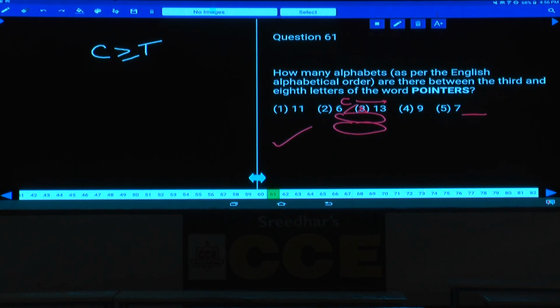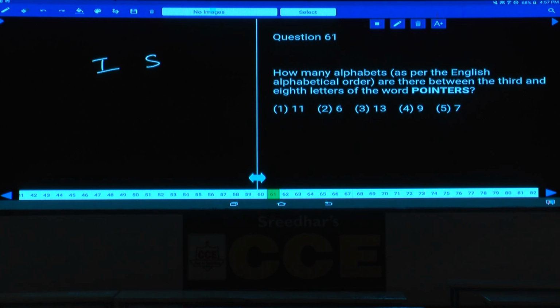Then 61 to 65. In question number 61, how many alphabets as per the English alphabetical order are there between the third and the eighth letters of the word POINTER? What is the third letter here? I, and the eighth letter is S. Tell me how many letters are there in between these two?